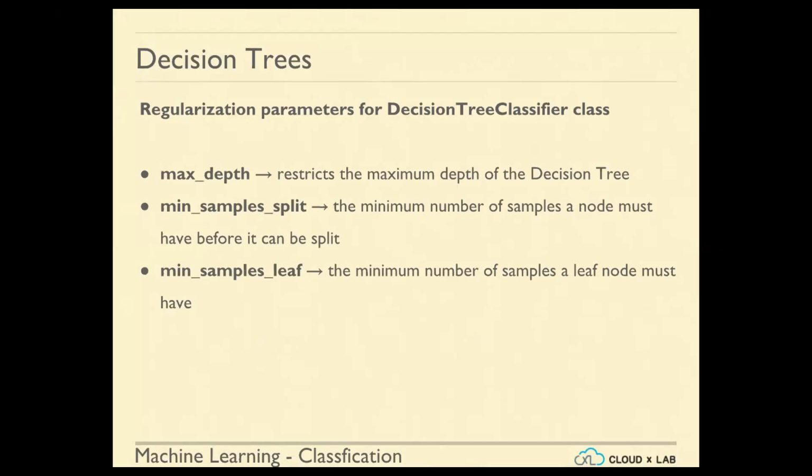Second is minimum samples split, meaning while splitting, we must make sure that on the left or the right there should be a minimum number of samples. Minimum samples leaf is the minimum number of samples a leaf node must have.